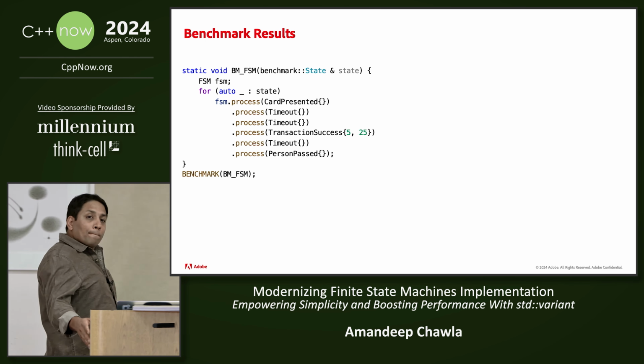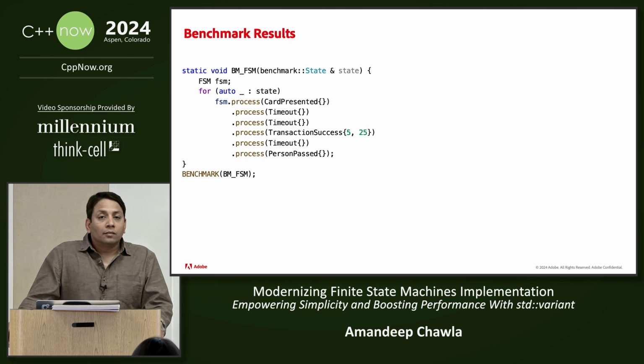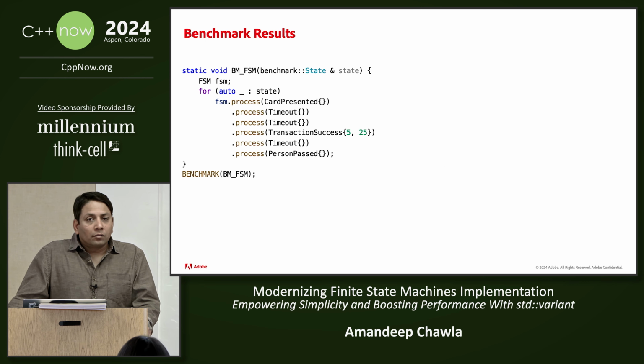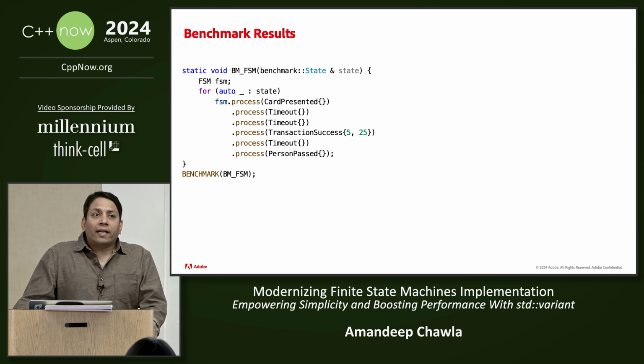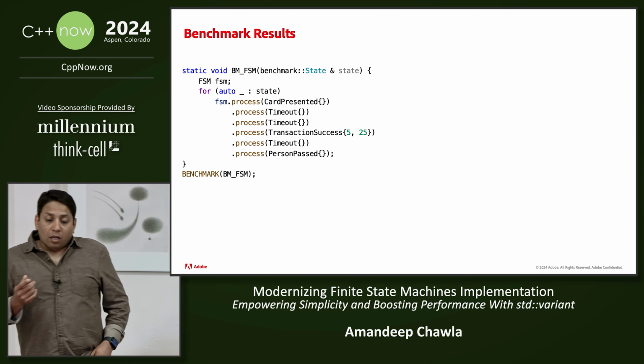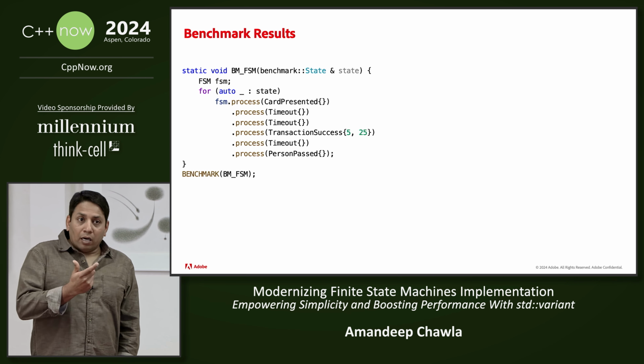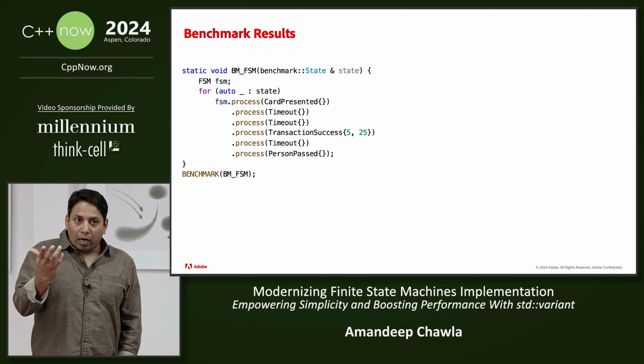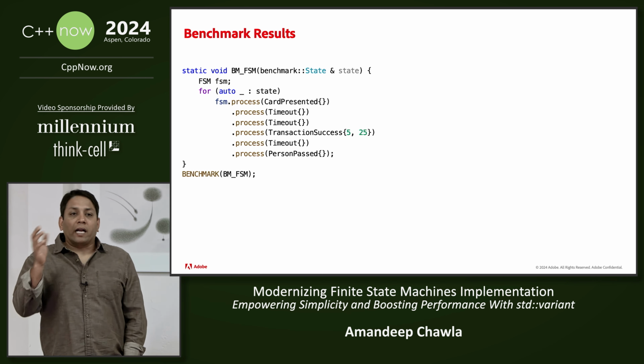Yep. It's a small question, but is there a reason why you use optional variant as opposed to putting monostate in the variant? So that is the return. You are right that in my state variant, the first can be monostate, rather than using standard optional.